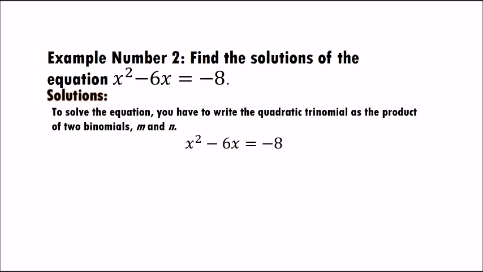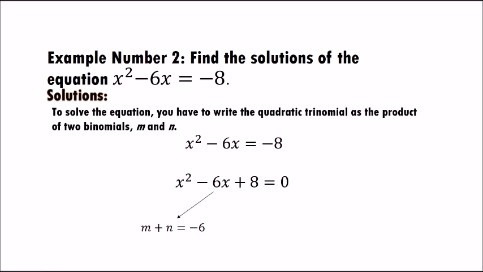So, kung napapansin nyo dito, hindi pa siya nakapag-standard or wala pa siya sa standard form. So, ang kailangan natin gawin ay is-transpose si negative 8 sa kabilang side. Negative siya kaya pag transpose, naging positive. So, meron na tayong bagong equation, x squared minus 6x plus 8 equals 0.